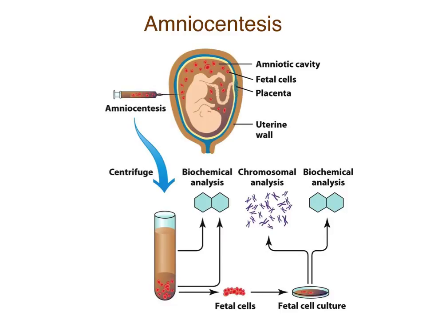Fortunately for us, because of the sloughed off cells from the embryo, we can sample that fluid, use centrifuges to separate out the cells, grow them up, and expose them to a whole bunch of different biochemical analysis. But then also we can go in and count the chromosomes. So you count the chromosomes, you line them up, you make a karyotype.